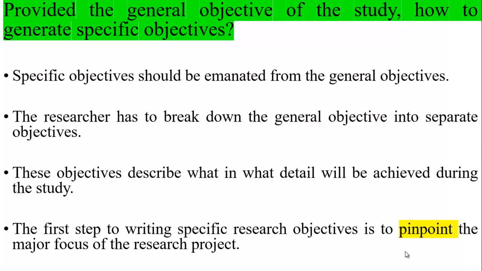These specific objectives describe what in detail will be achieved during the study, as we have said. And the first step to write specific objectives is to pinpoint the major focus of the research project. Once you have the general objective and the topic, the general objective can be broken down into many focuses, but as a researcher, one should emphasize only the major elements that he wants to study, given the research topic.